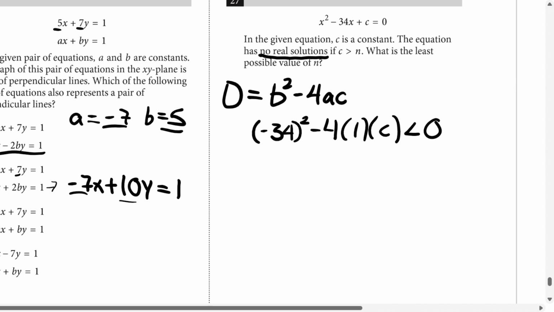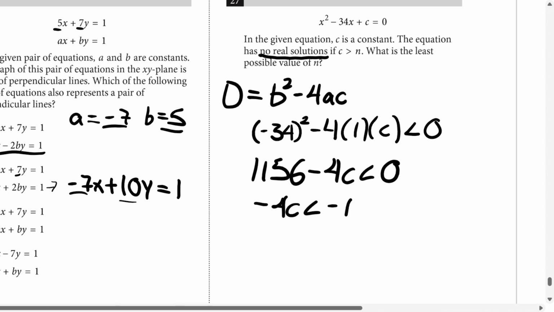34 squared is 1156 minus 4 times c is less than 0. We're going to subtract 1156 on both sides, which will give us -4c is less than -1156. And finally, to get c by itself, we're going to divide each side by -4.